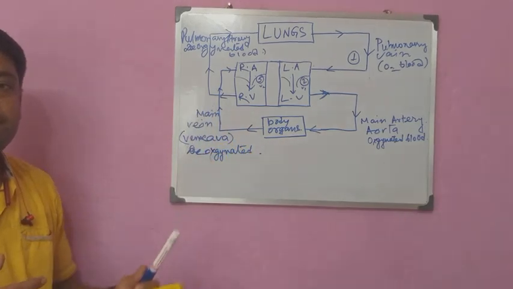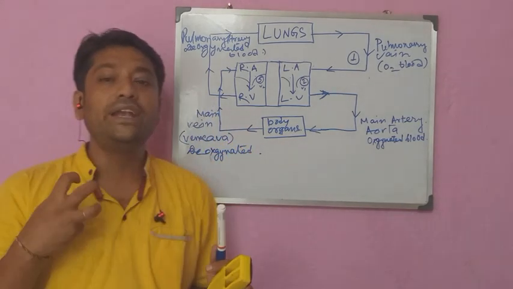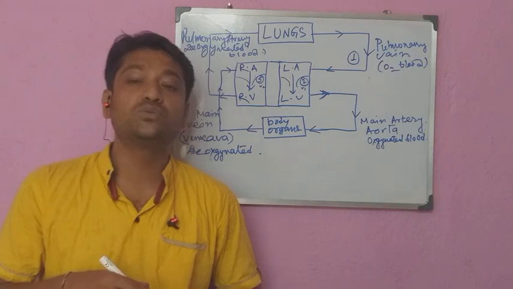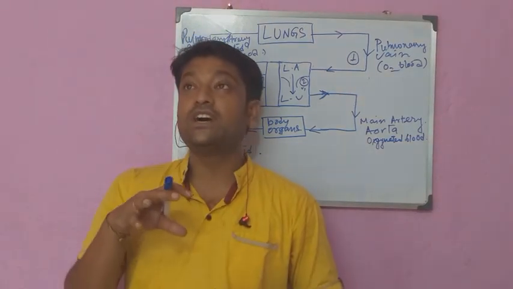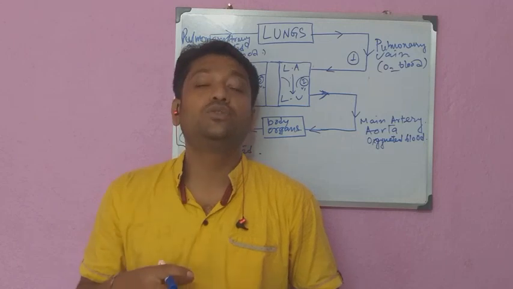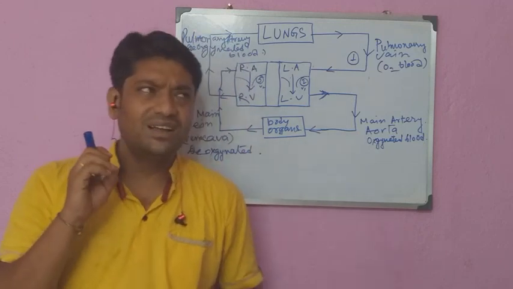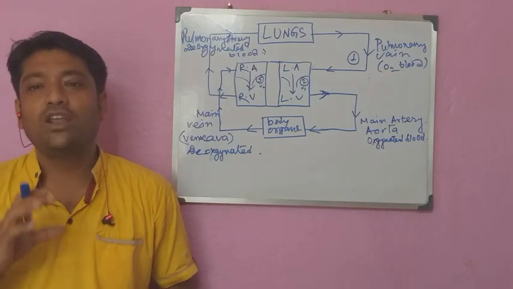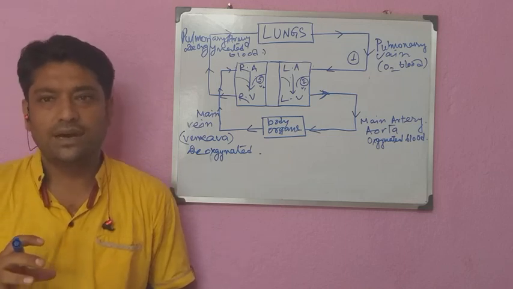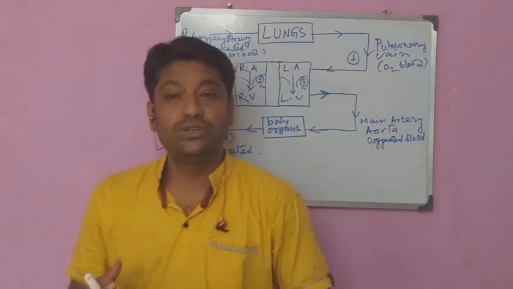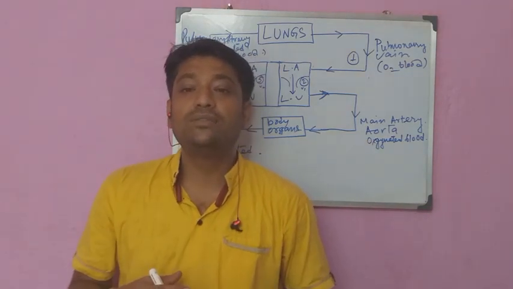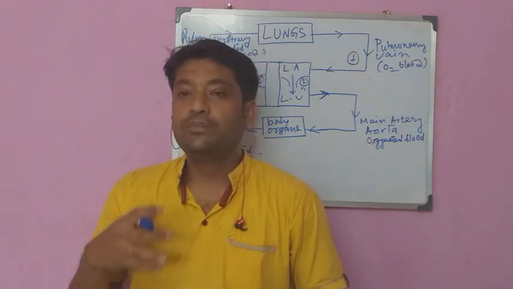Except for the lungs, when the oxygenated blood passes through the capillaries of different organs, it gives oxygen to the body cells. Along with oxygen, blood also gives the digested food and other dissolved materials to the body cells.